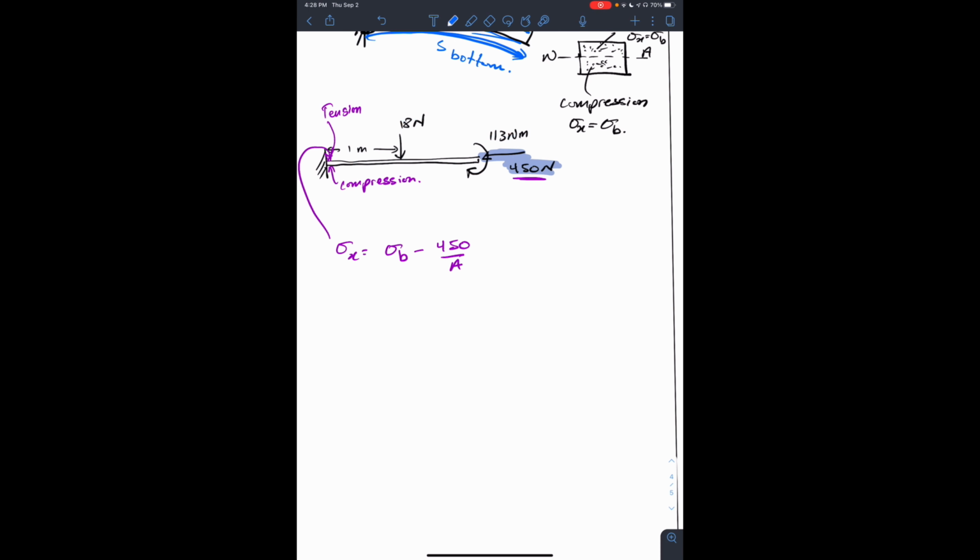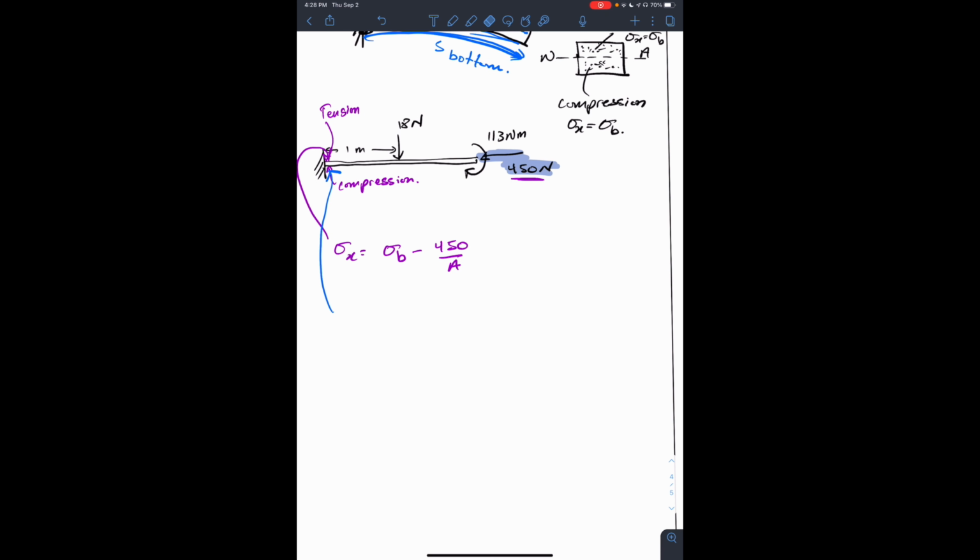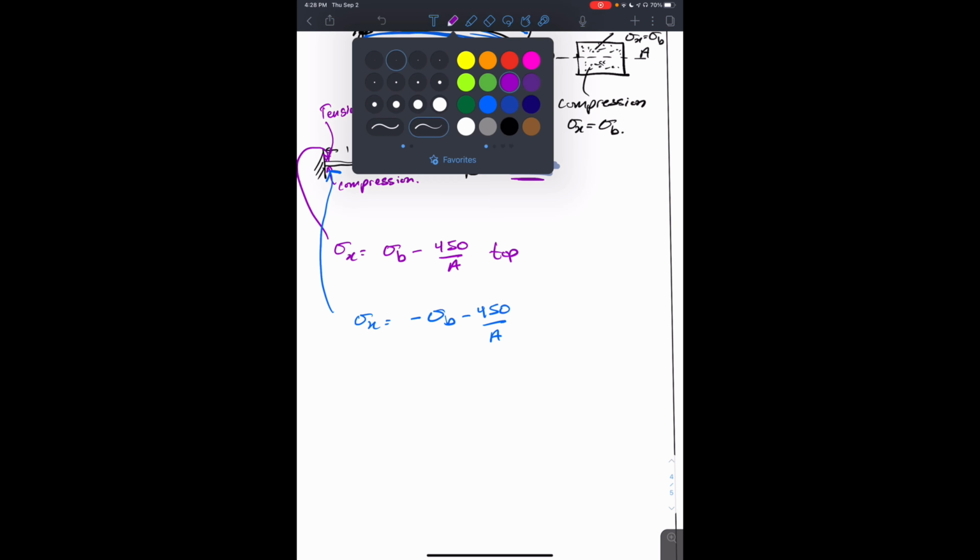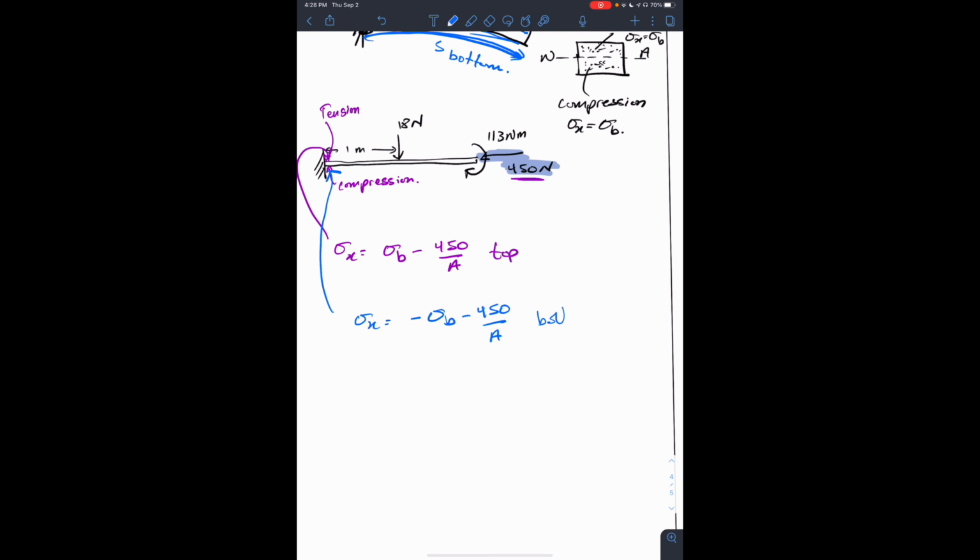And the stress below here will be minus sigma bending because it's compression, again minus 450 over A. So this here is on top, and this stress here is at the bottom.